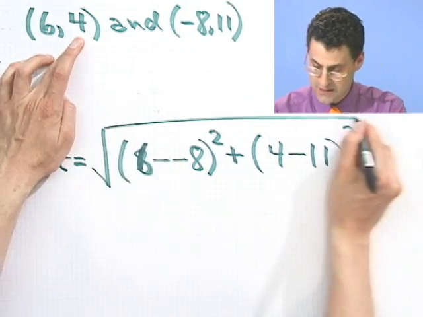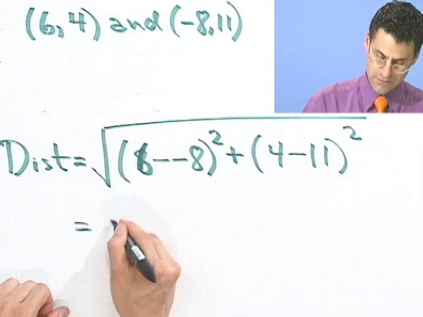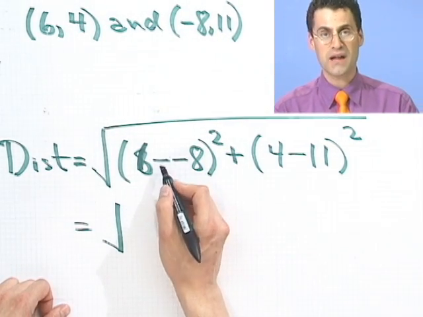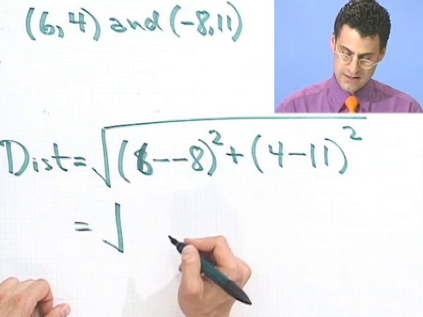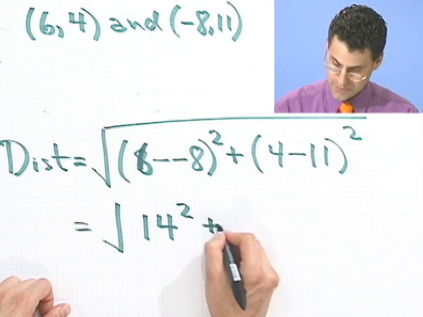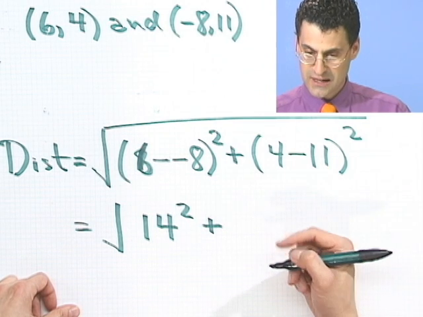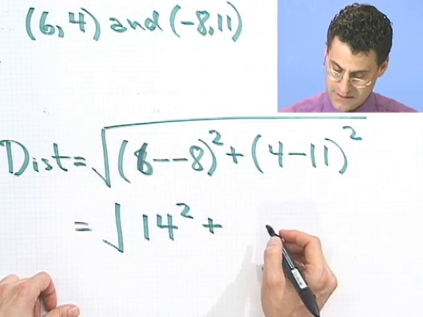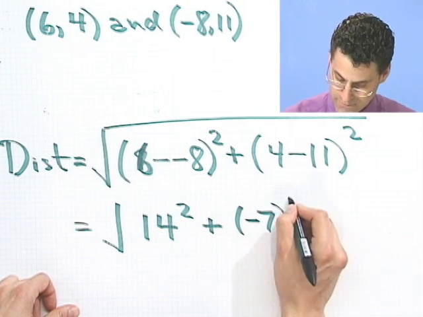Notice I'm subtracting these points from these points. So that equals the square root. Well, 6 minus minus 8 is 6 plus 8, and 6 plus 8 is around 14. So I have 14 squared plus, and then I have 4 minus 11. And so 4 minus 11 is what? Is that minus 7 squared?